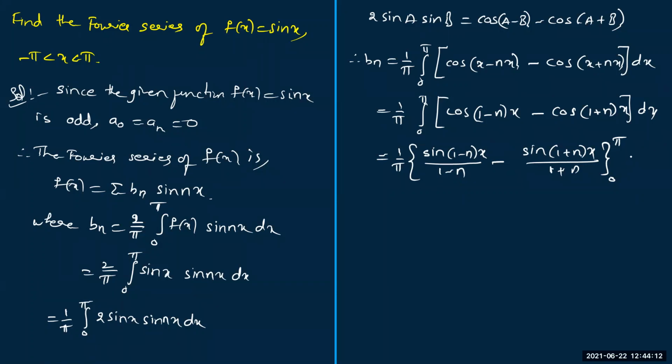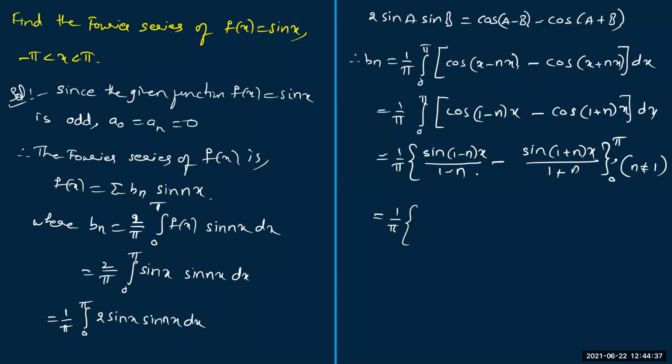That's why this integration is valid only when n is not equal to 1. We cannot take a 0 in the denominator. So then it is equal to 1 by pi into, now we need to substitute the limits. Look at them carefully.